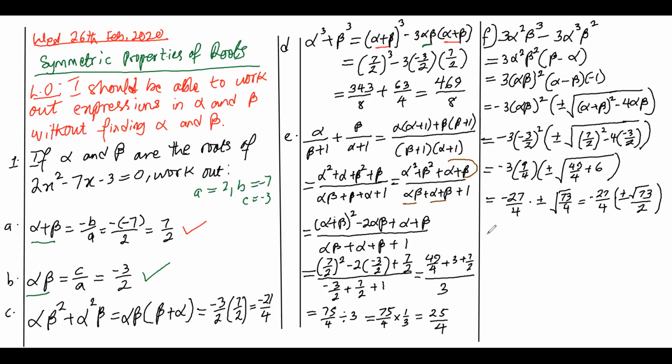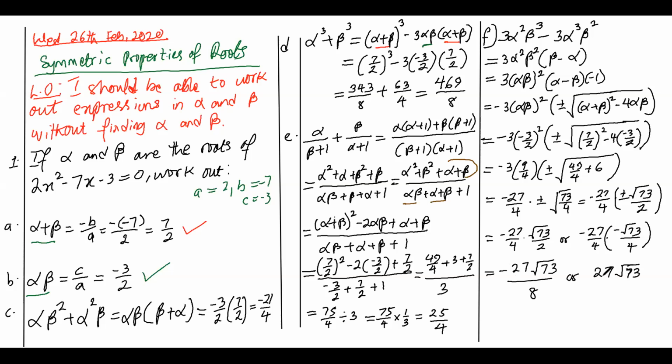So this can now be split into two parts: minus 27/4 multiply root 73 over 2, or minus 27/4 multiplying negative root 73/2. So this will be finally minus 27 root 73 divided by 8, or plus 27 root 73 divided by 8. That's the best you can do. No decimals, no mixed number.